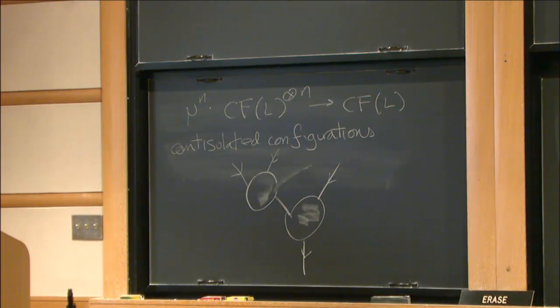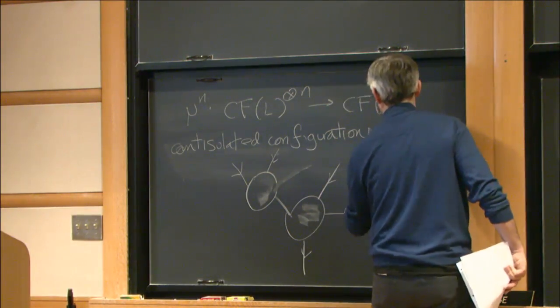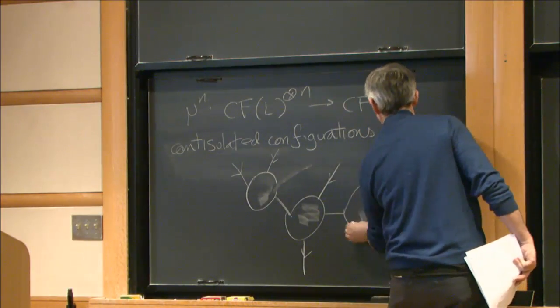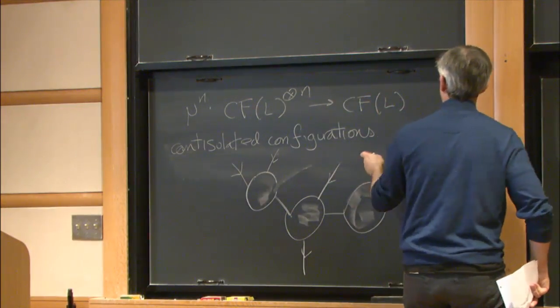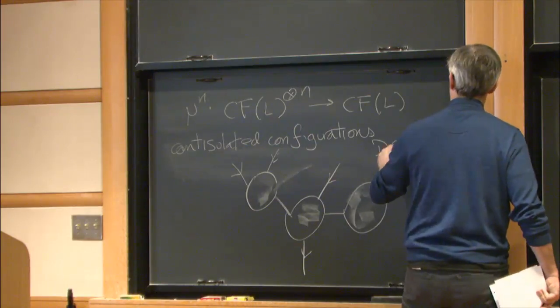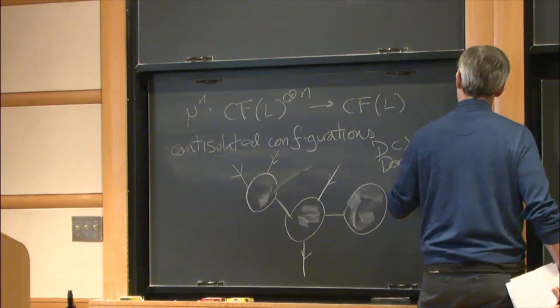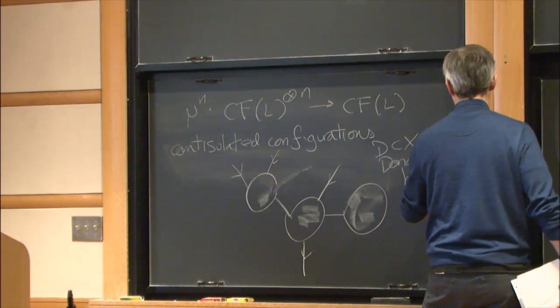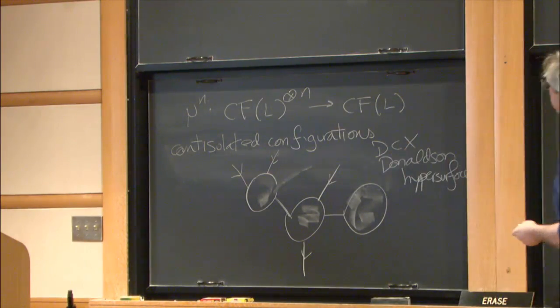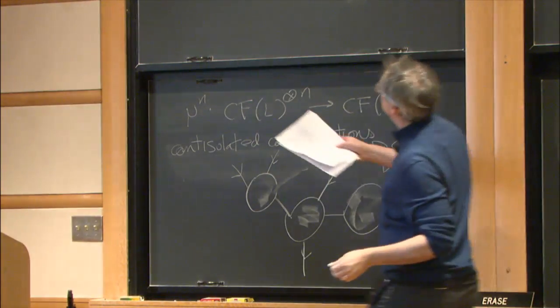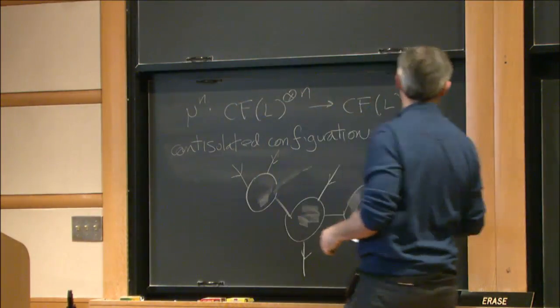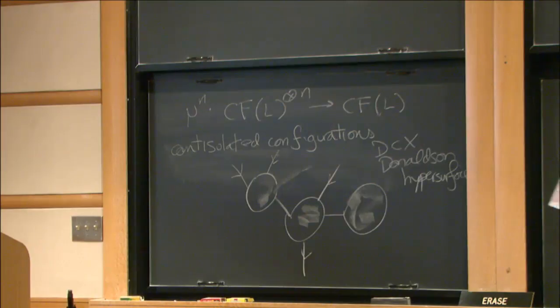And in the Cieliebak-Mohnke scheme, what you do is you pick a Donaldson hypersurface. And this assumption that L is rational is an easy way of guaranteeing that you can choose this hypersurface so that any holomorphic disk is going to meet that Donaldson hypersurface.